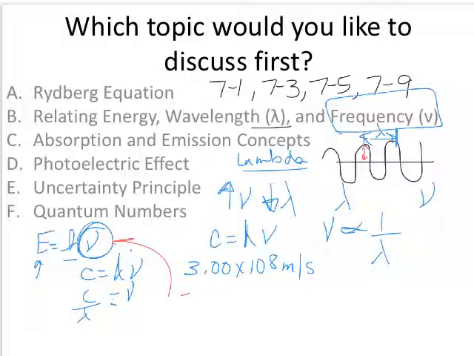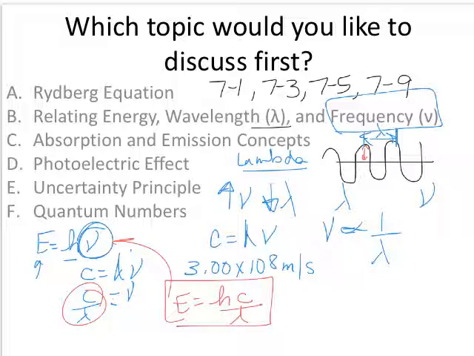The other equation is E equals Planck's constant times c over lambda. That's if you're given a wavelength and need to calculate the energy associated with that wavelength. If you watch your lecture videos, you understand that different wavelengths have different energies associated, and there's a lot of information about that.